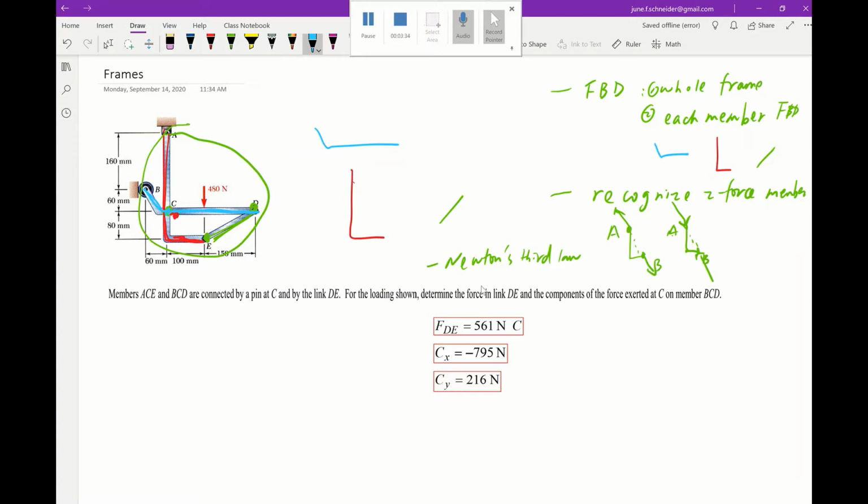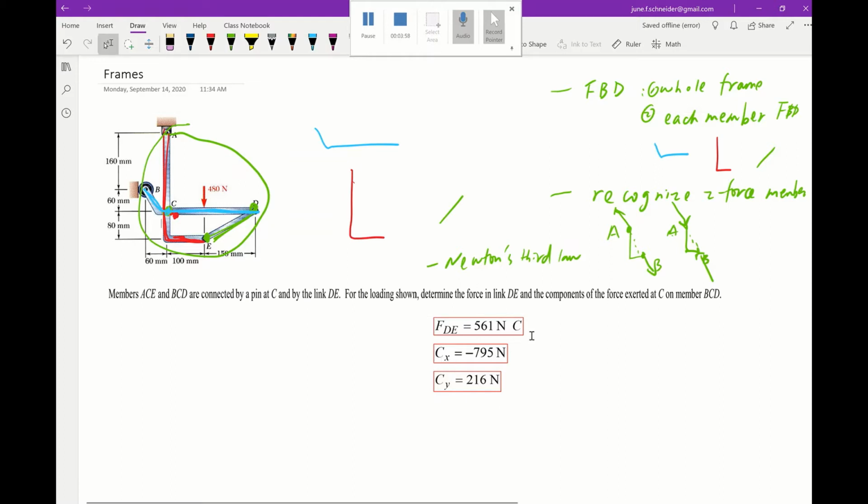And this force has to be equal and opposite to the force this blue line BCD exerts on the red line ACE. Okay, so that's Newton's third law, and that's what you are going to use for frames.